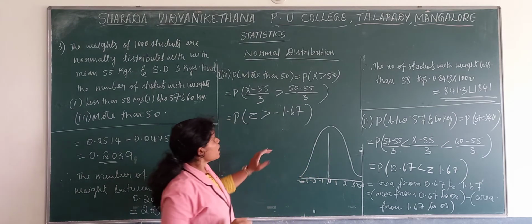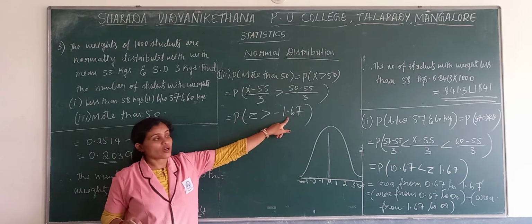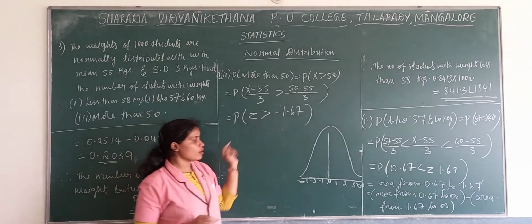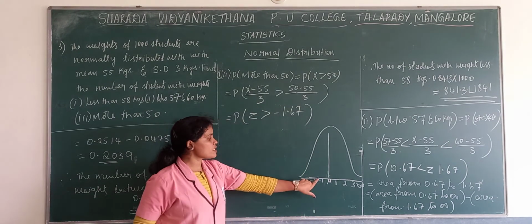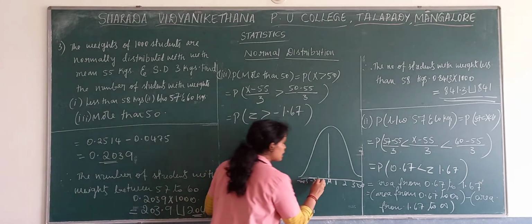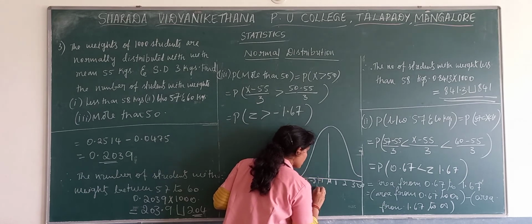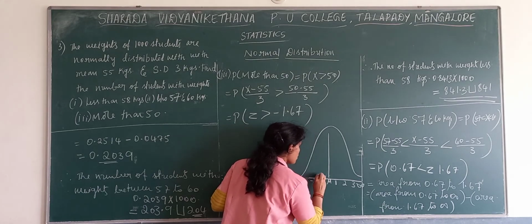Now see where minus 1.67 will fall. Which side will minus 1.67 fall? Minus 1.67 will fall approximately, on an average, here.